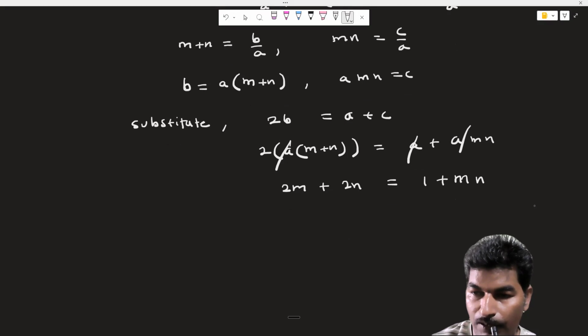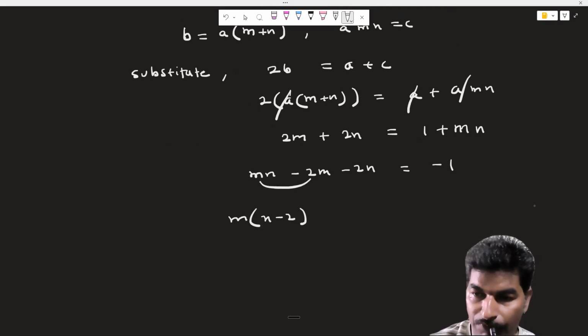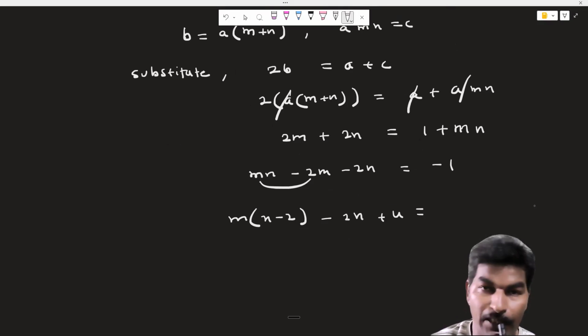We will move all the terms to the same side: mn minus 2m minus 2n is equal to minus 1. How do we factor this equation? From the first two terms, I can take m as a common factor, and minus 2n. Can I add 4 to get n minus 2 and create m minus 2?